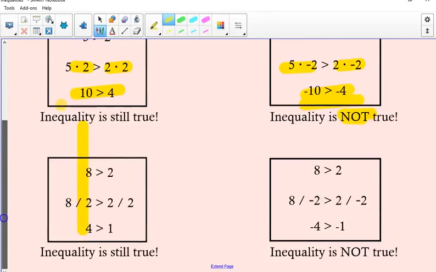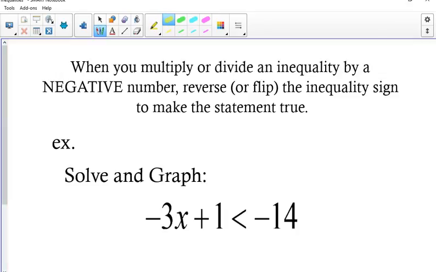Here we'll do dividing also. Dividing by 2, true. Dividing by -2, not true. So the thing that we have to always remember, when you multiply or divide an inequality by a negative number, you have to reverse the sign.